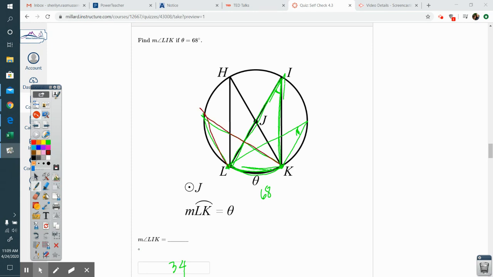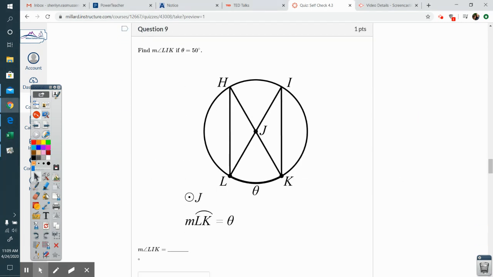If those were straight lines, this angle here is still 34. It doesn't matter where that touches on the outside of the circle, that angle will always be 34 if it comes from this point and this point, and this angle right here was 68. So hopefully that makes sense. There's a lot of scribbles there, but sorry.